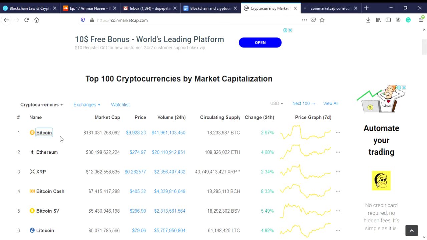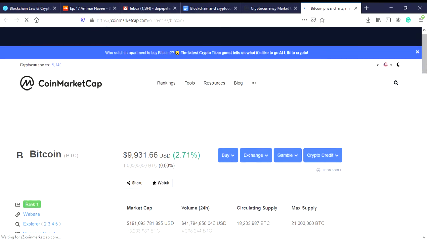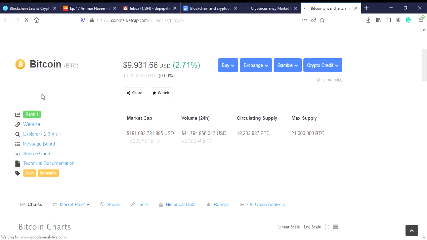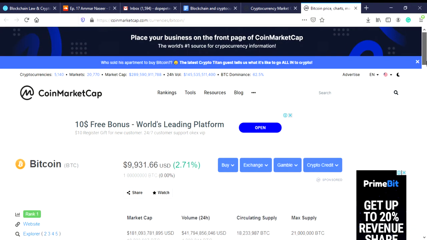So open a new tab. If you click on Bitcoin, you're going to see the details. It says here it is the number one cryptocurrency due to its market cap. Bitcoin has a market cap of $181 billion. Wow, that's quite a lot. And the total market cap of all cryptocurrencies is $289 plus billion.